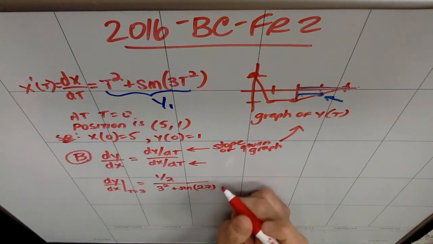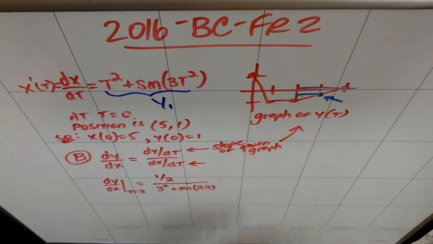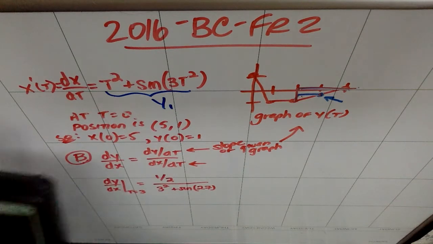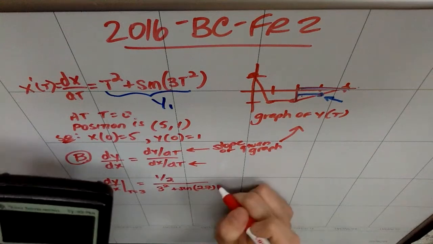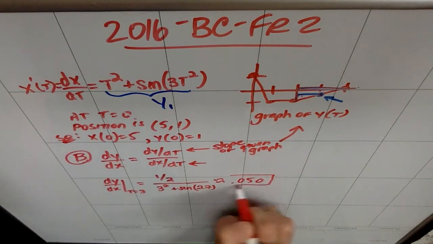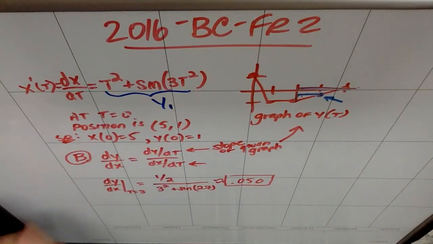And you're going to type all of that into your calculator, and you're going to end up getting 0.5 divided by 9 plus the sine of 27, and you're going to end up getting that this is 0.050, which is not super satisfying because you kind of wanted it to be a number that was slightly different than the 0.5 you had there, but there you have it.